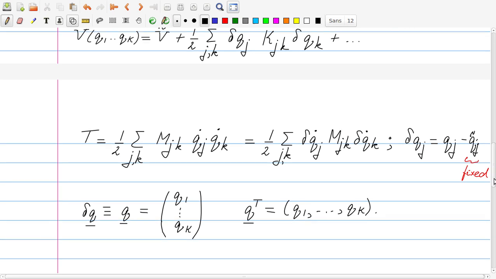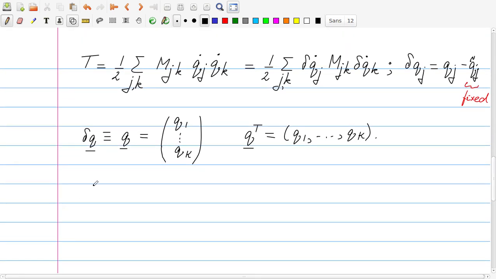And if I have those two definitions, I can write, for example, the kinetic energy in the following form: a half q dot transpose, then the matrix M, and then q dot.